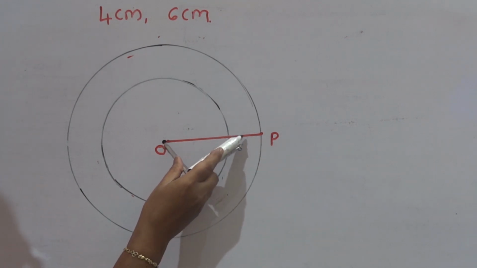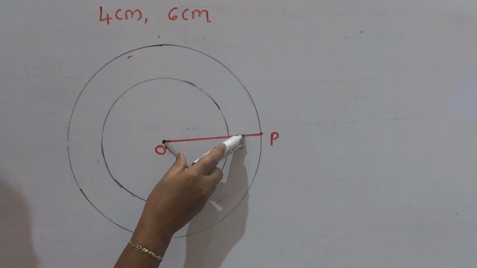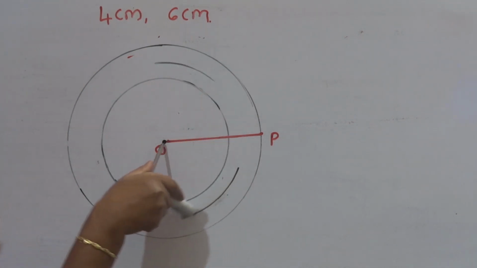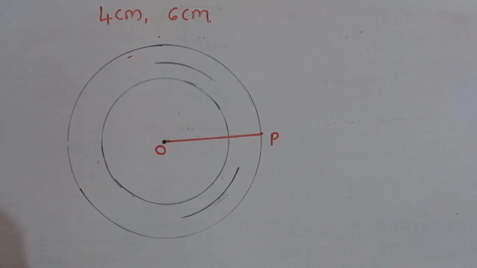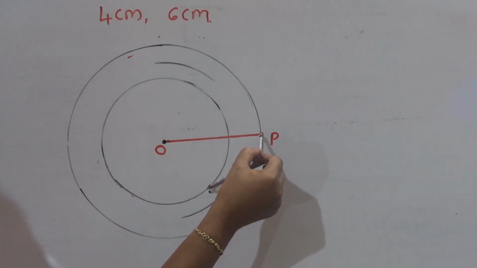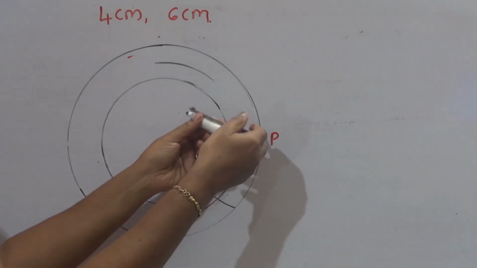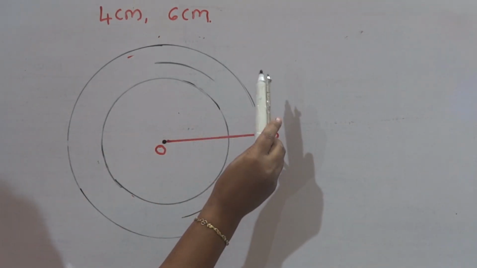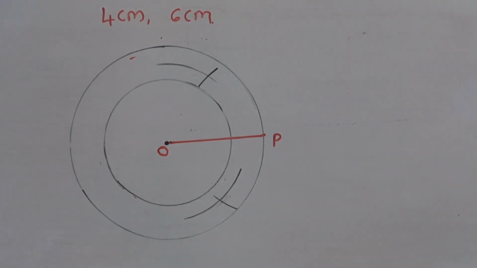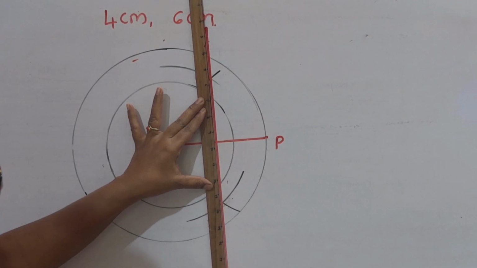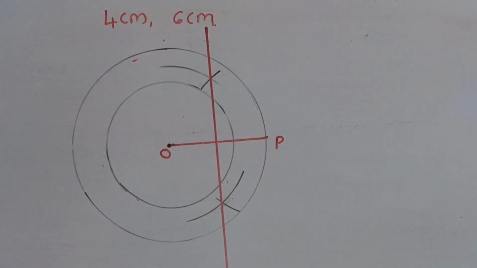For this, take 3/4 of this distance and make arcs on the upper side and lower side of the line segment. Similarly, keeping the needle at P, make 2 more arcs on the upper side and lower side of the line segment. Now join these two points of intersection of arcs. We have got the midpoint.